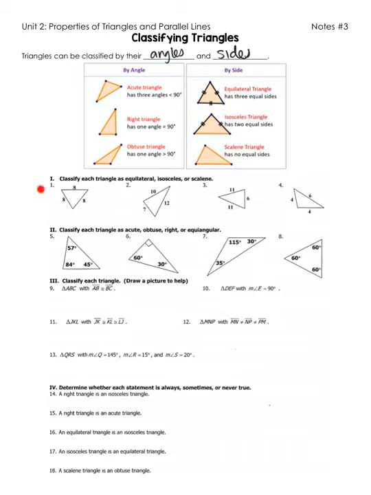So for this first chunk, 1 through 4, we're classifying each triangle as equilateral, isosceles, or scalene. And then in the second one, you're classifying each triangle as acute, obtuse, right, or equiangular. So let's add that word up here. Equiangular, I'm gonna add it on the side.